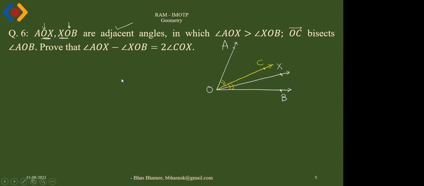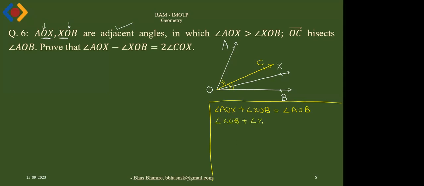Okay, so it is almost like the sixth part, but here again we need to find out the possible pairs of adjacent angles. We already know that angle AOX and angle XOB are adjacent, which form angle AOB. Another case is that angle XOB and angle XOC are again adjacent. You can look in the figure. Where is angle XOB? Where is angle XOC?